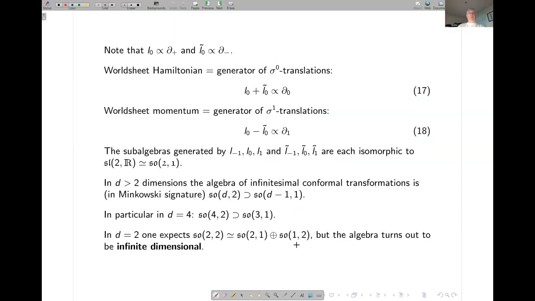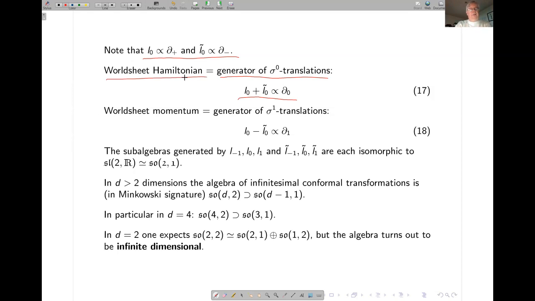What is now useful to note for the interpretation is that L0 and L0 tilde are, up to numerical factors, d plus and d minus, and L0 plus L0 tilde is therefore d0, the derivative with respect to sigma 0, and therefore the generator of worldsheet time translations.